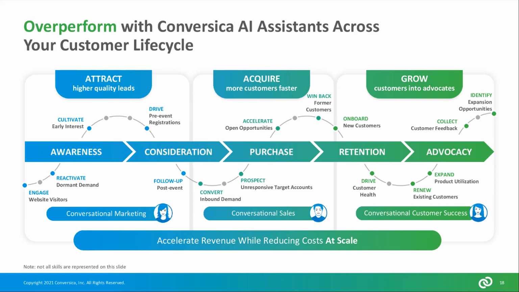If they're being underutilized, it's a great way to reach out and drive some advocacy to increase utilization. And then collecting customer feedback. This is a really interesting one. You can use an AI. We have many customers today that use their AI assistant to drive those survey requests to feed into their NPS scores.